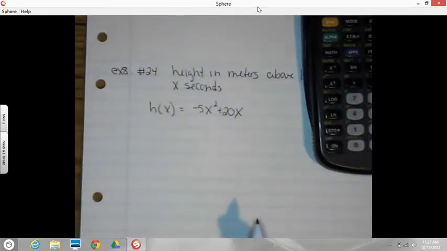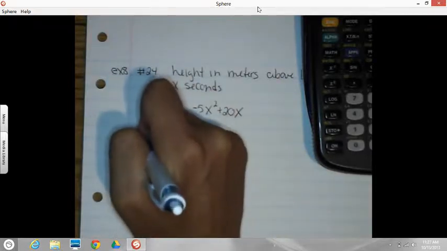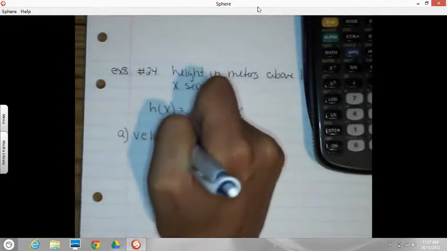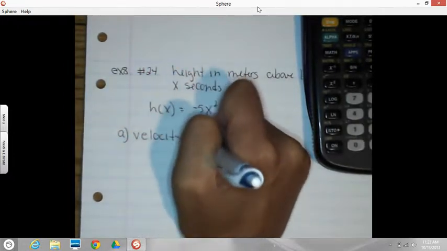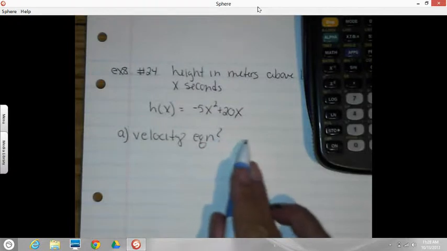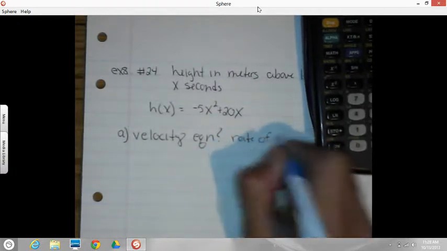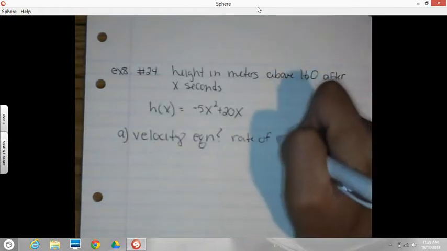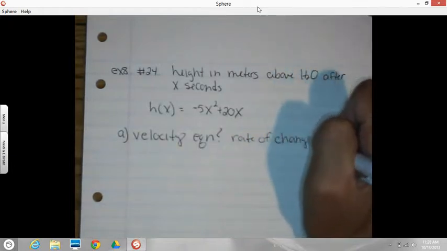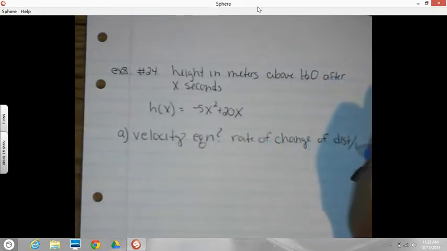All right, questions. Write an equation for the velocity of the book. Remember, velocity is the rate of change of distance over time, divided by time.